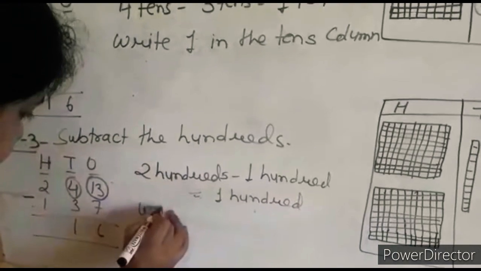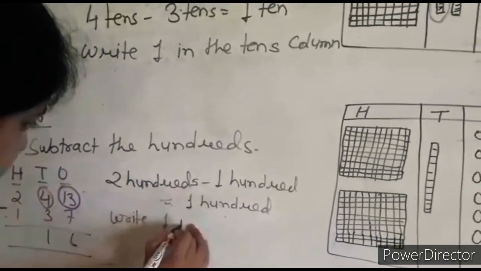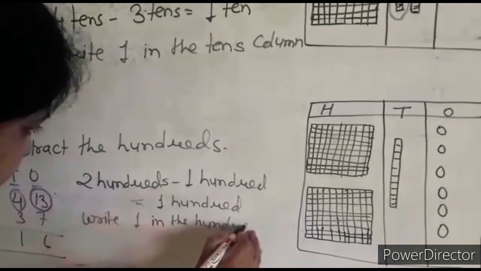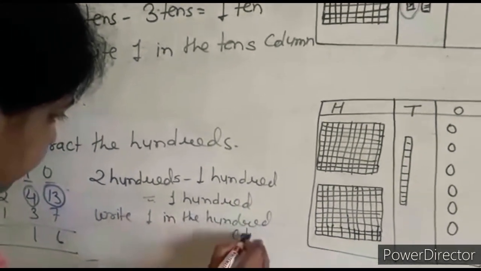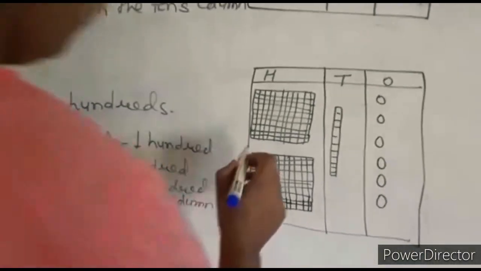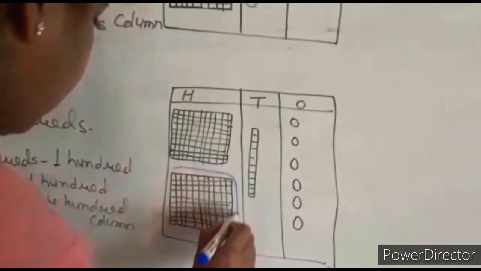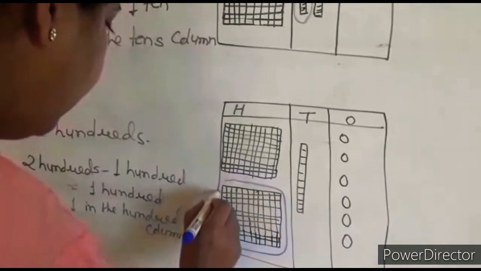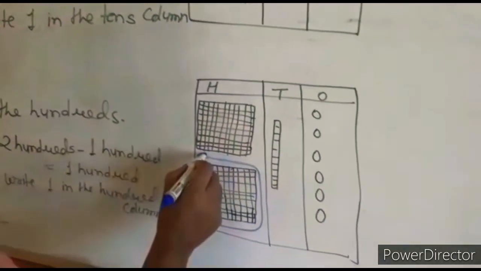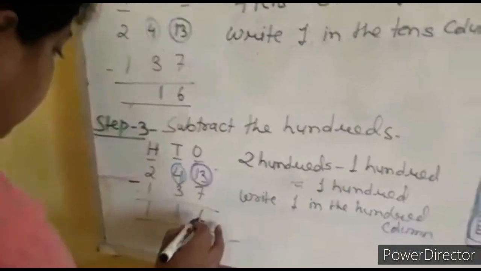Write 1 in the hundreds column. So here we take 100 from 200, so only 100 is left. So here we will write 1.